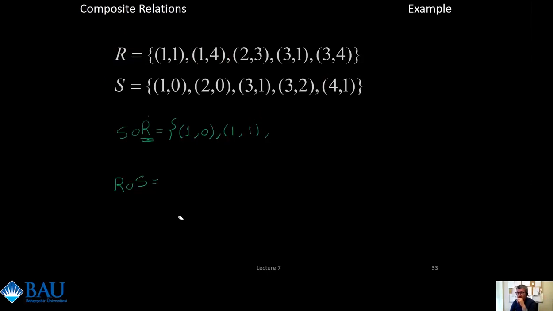In R, we have 2, 3. Write 2. Put 3 in S. If you put 3 in S, we have two possibilities: maybe output is 1, maybe output is 3.